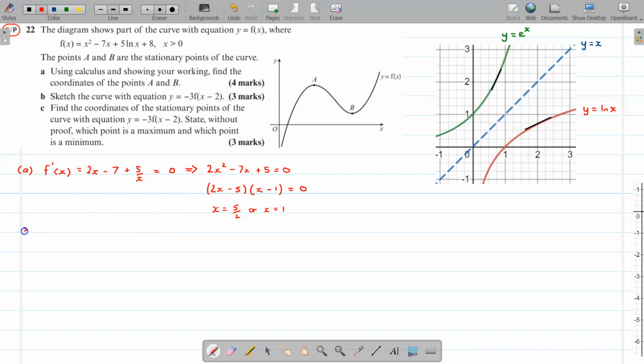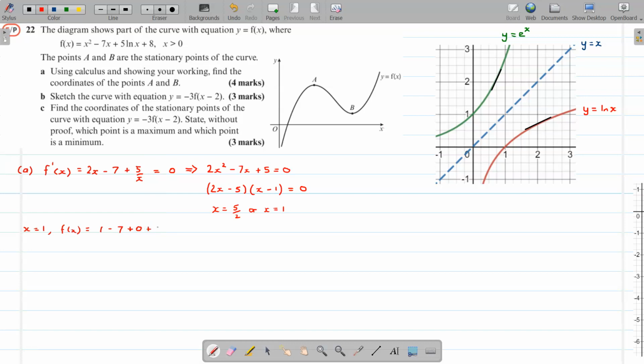So when x equals 1, f of x is equal to, well, we've just got to put 1 in here. It's going to be 1 squared minus 7 plus 5 lots of the log of 1, which is 0, plus 8.